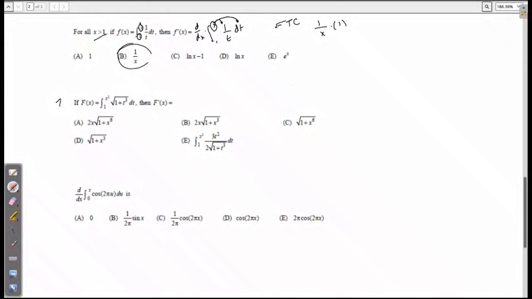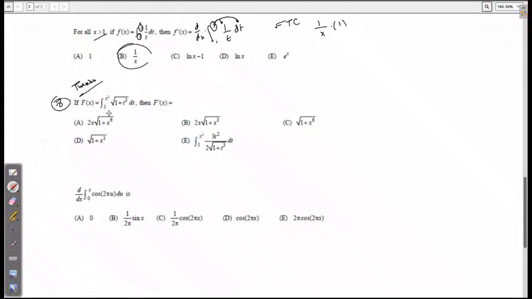Problem 8. This is one of our tweaks, because it's not just x here. It's x squared.